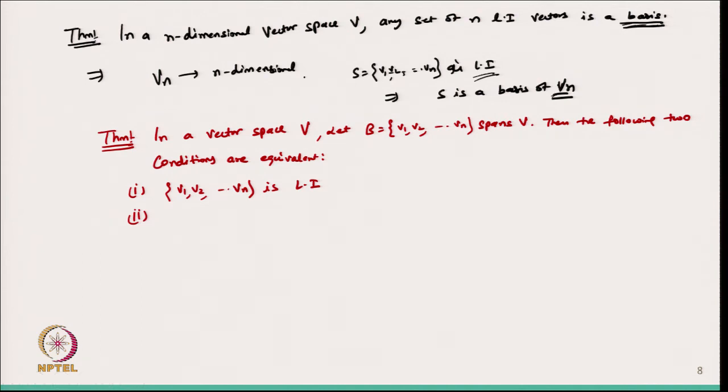Then I can say that V1, V2, Vn is linearly independent, or I can say that if I take any element V from V, then the expression V is equal to alpha 1 V1 plus alpha 2 V2 plus up to alpha n Vn is unique.